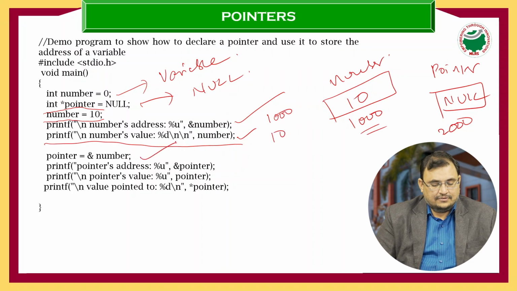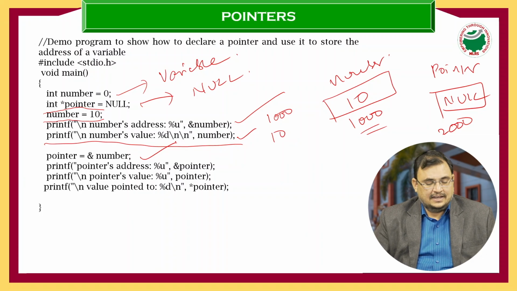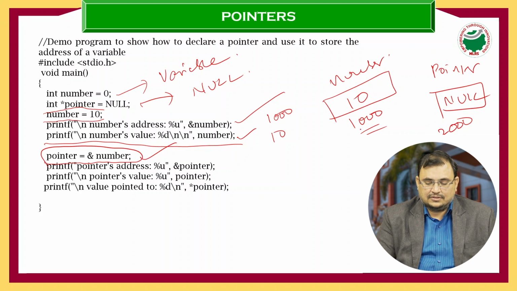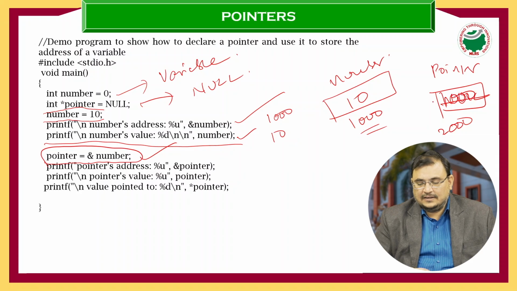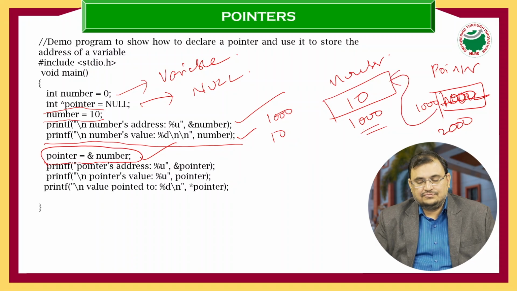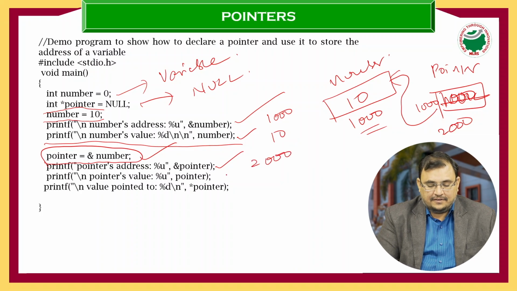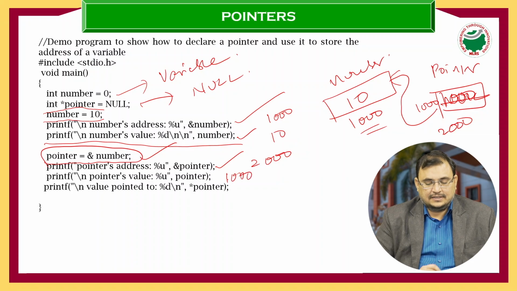So in this step, you are assigning the address of number to the pointer. What is the address of number? 1000. So 1000 replaces null. Now the pointer is holding 1000, which means a logical link is created between these two. So the address of pointer prints 2000, and the pointer actually holds the address of number, that is 1000.